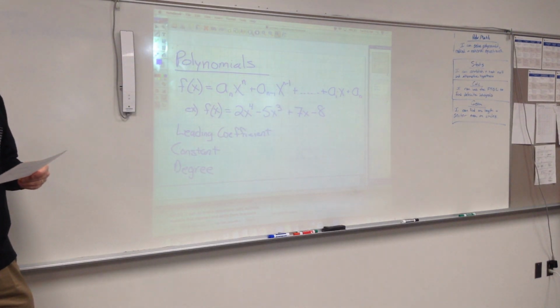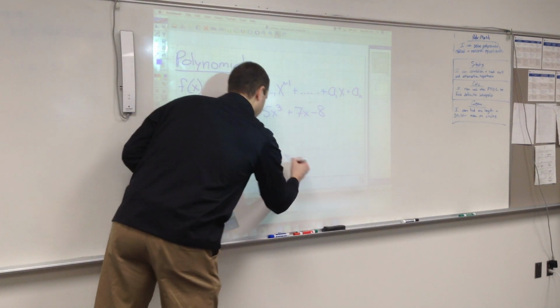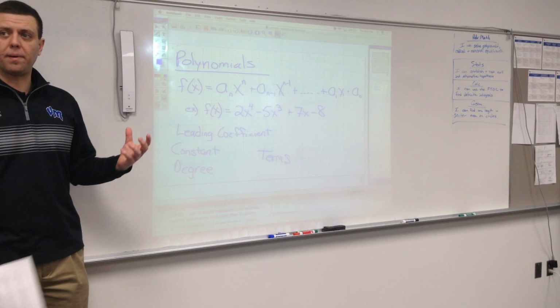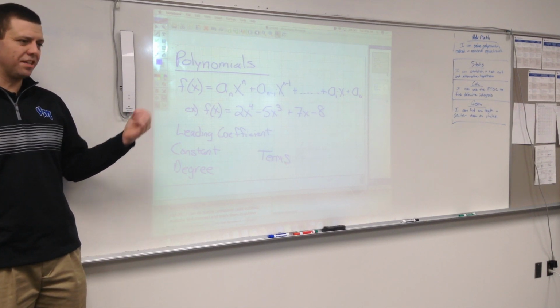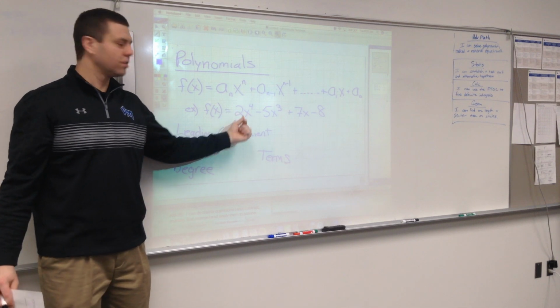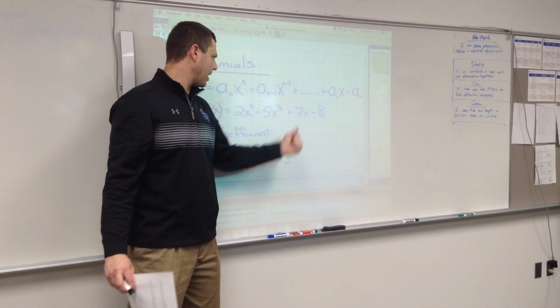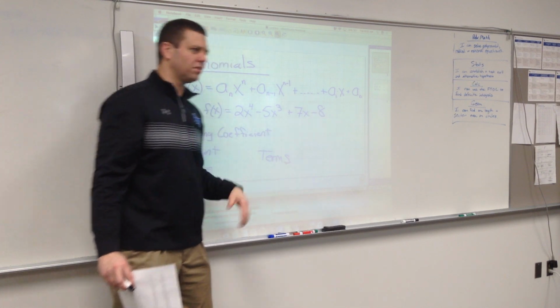Okay. Terms. The terms of a polynomial are basically split by addition and subtraction signs. So 2x to the fourth is a term, negative 5x cubed is a term, 7x is a term, negative 8 is a term.